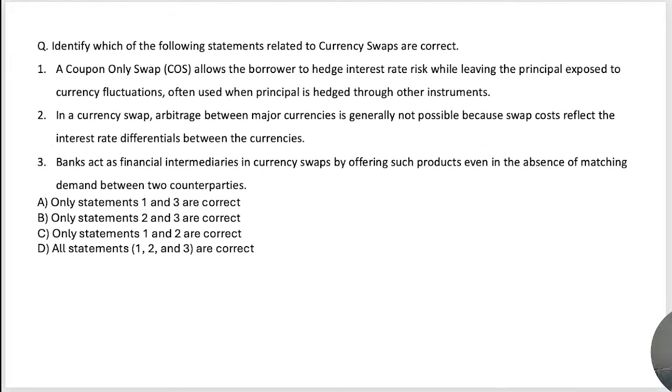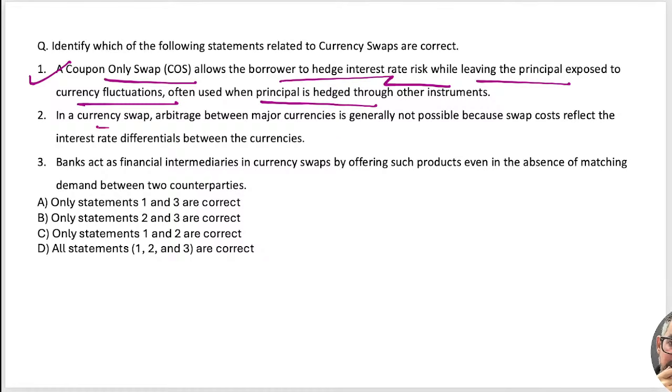Next one, guys. A coupon only swap allows the borrower to hedge interest rate risk while leaving the principal exposed to currency fluctuation. True. Often the principal is hedged through another instrument. Correct.